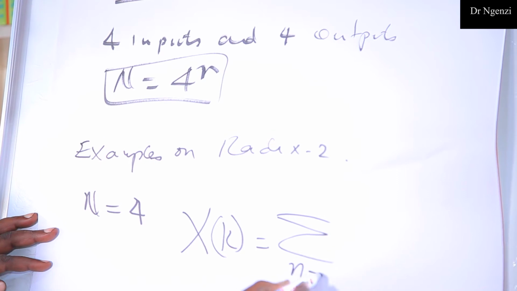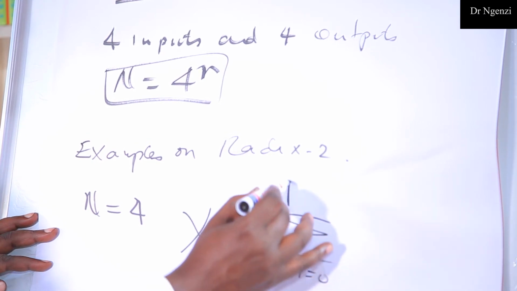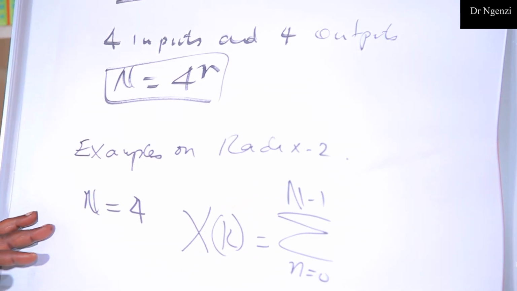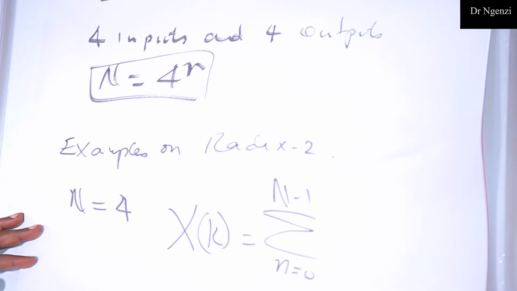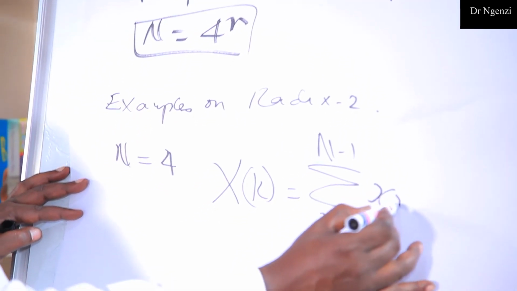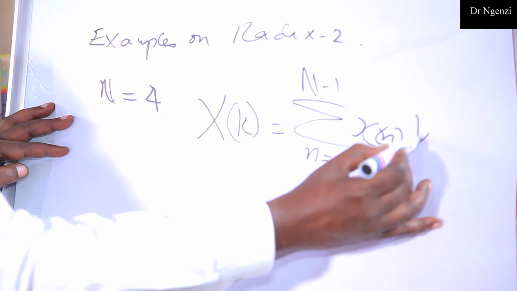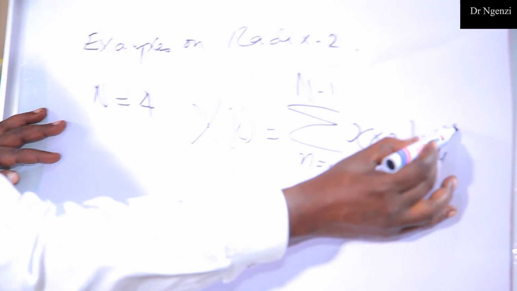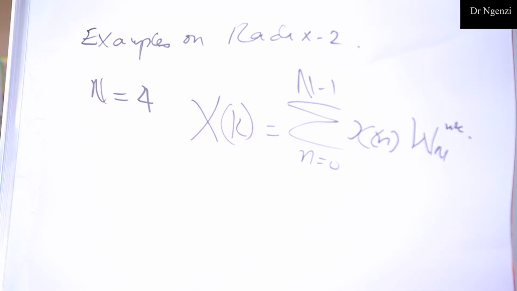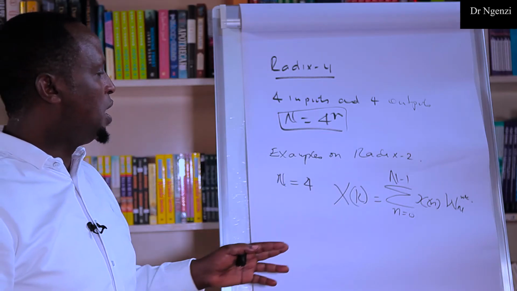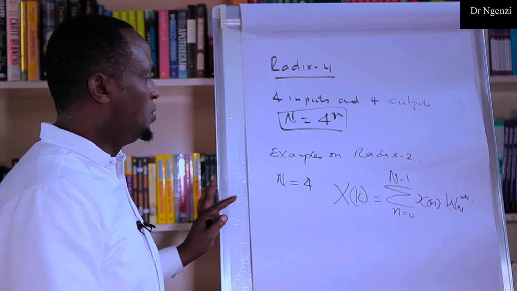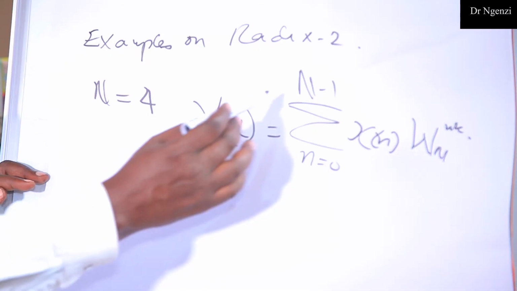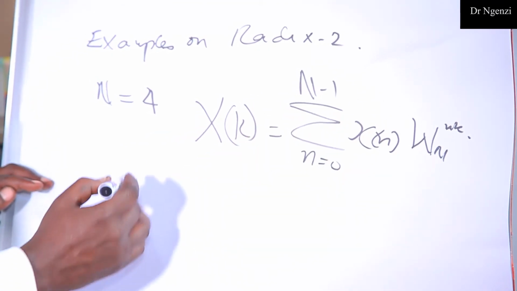For example, the summation from n equals 0 to N minus 1 of x of n, and then W_N to the power nk. So you are going to substitute where there is a big N. So where do you find big N? Here and there.